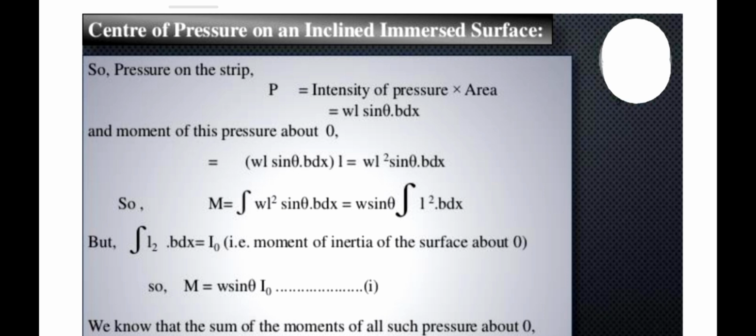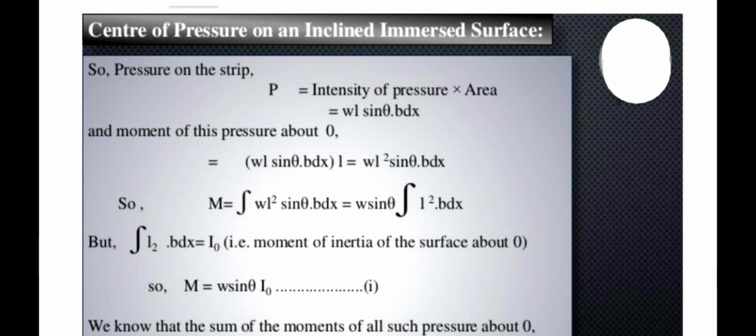But the integration of l square b dx is equal to I, that is, the moment of inertia of the surface about O. So M is equal to w sin theta I.